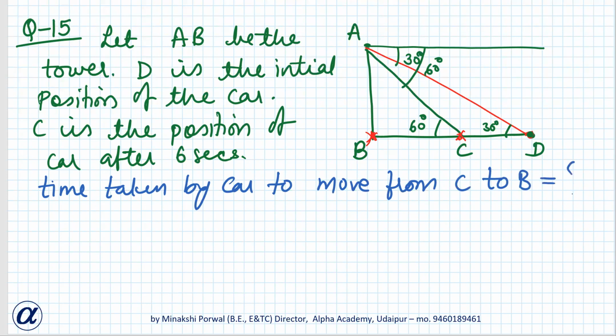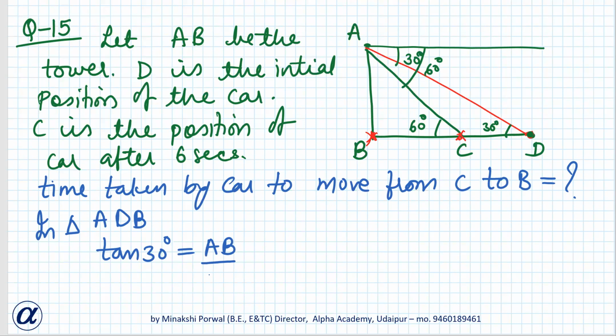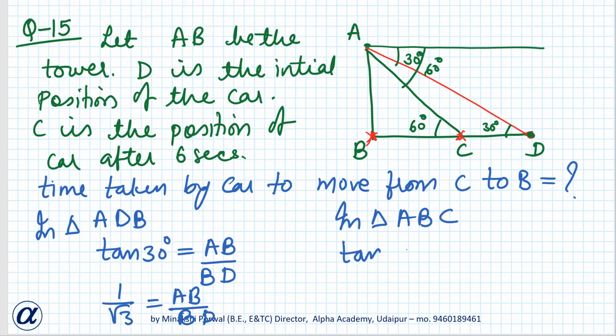This is unknown. First of all, in triangle ADB, tan 30 degree equals perpendicular upon base. So 1 by root 3 equals AB upon BD. Then in triangle ABC, tan 60 degree equals perpendicular upon base.